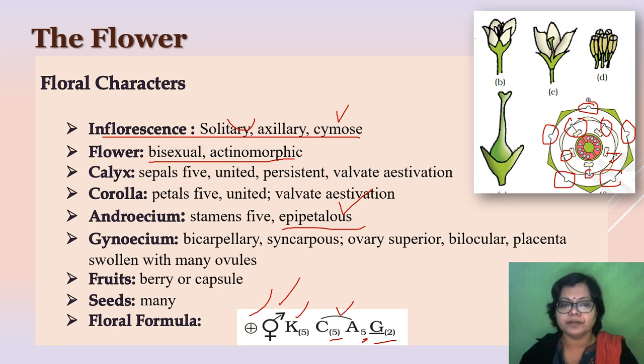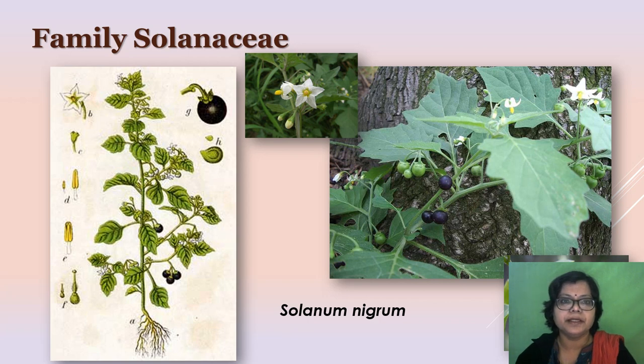So from the floral formula and the floral diagram, we can understand the structure of the flower, and this represents the position of the mother axis. Okay, so family Solanaceae, fruit berry, Solanum nigrum, that is the brinjal family.